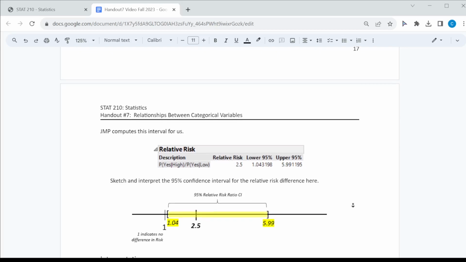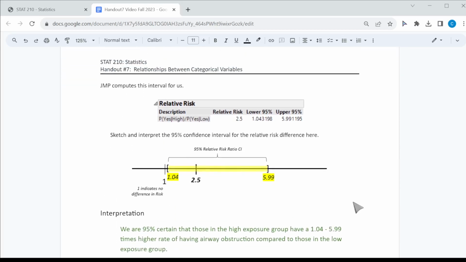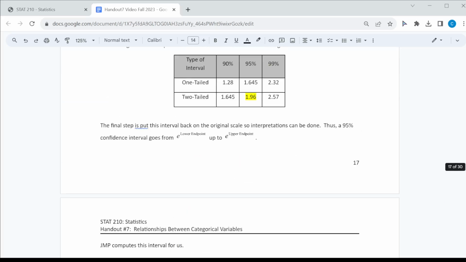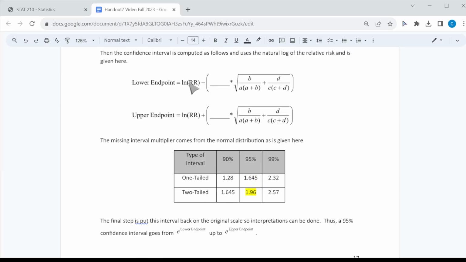So here I have just that interval sketched out for us. You can see that the interval starts here at the 2.5. This would be the negative margin of error, and then this side obviously would be the positive margin of error. One thing that is unique about the confidence intervals that we're looking at here is that the negative margin of error does not match the positive margin of error. It does match on the natural log scale.